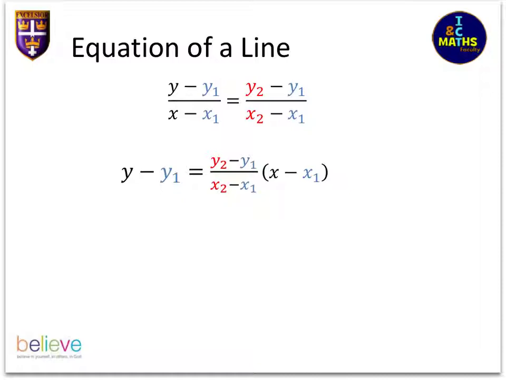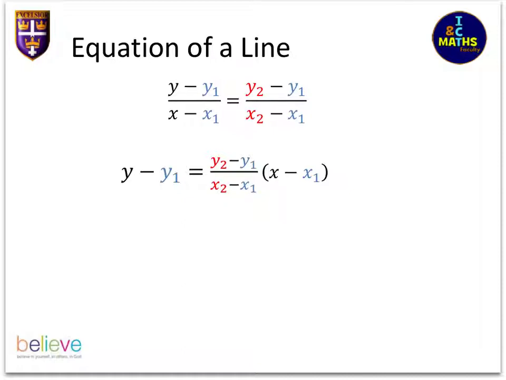You can see now that I've done that multiplication. So x minus x1 was multiplied on both sides. The effect of multiplying the left-hand side by this was that I lost the denominator, and the effect of multiplying the right-hand side by x minus x1 is that I get this bracket over here.